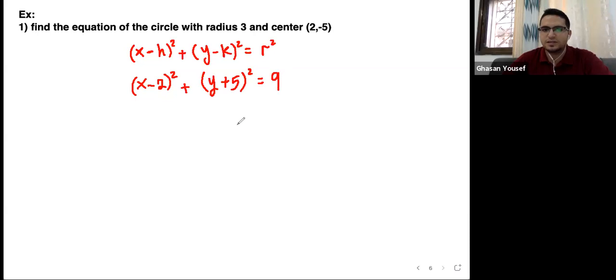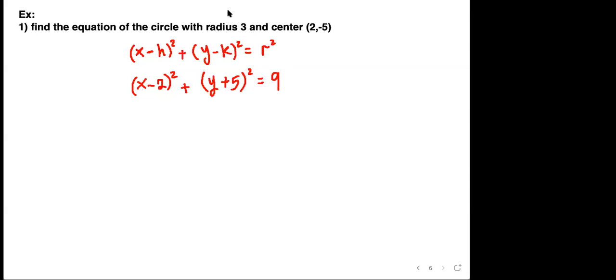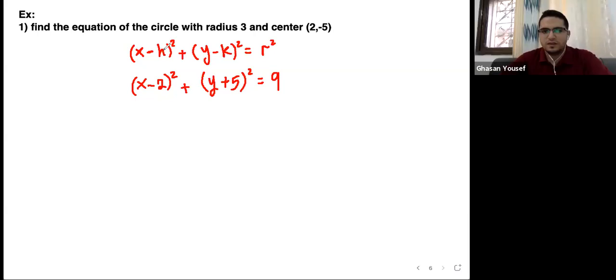Exactly, 3 squared is 9. Thank you so much. This is correct. She plugged in the +2 instead of h, and the -5 instead of k. So I get (x - 2) squared plus (y + 5) squared, and the radius squared, 3 squared, is 9.